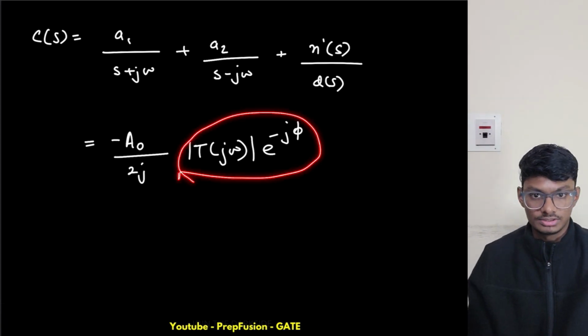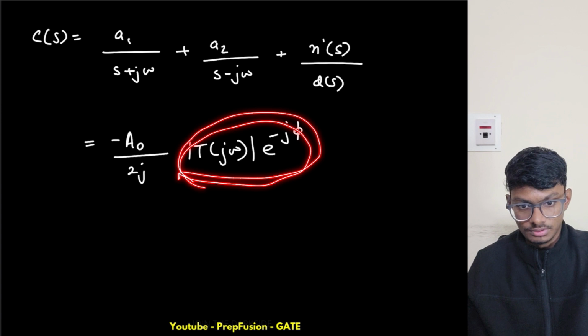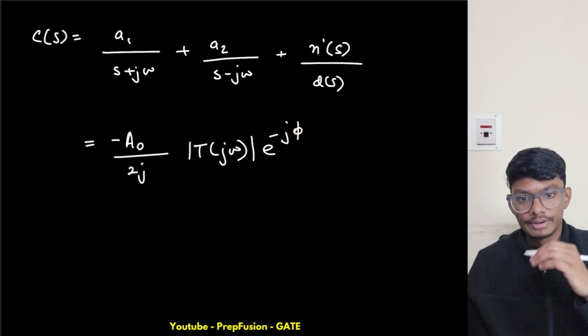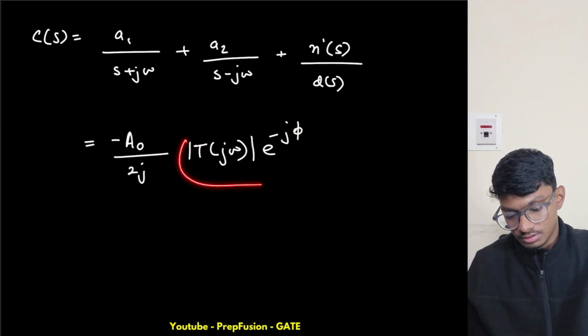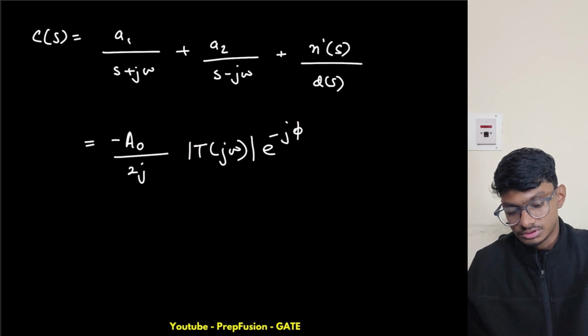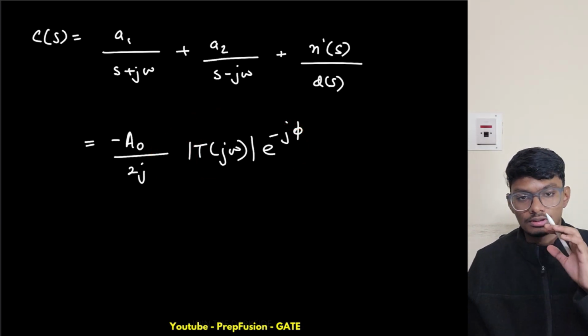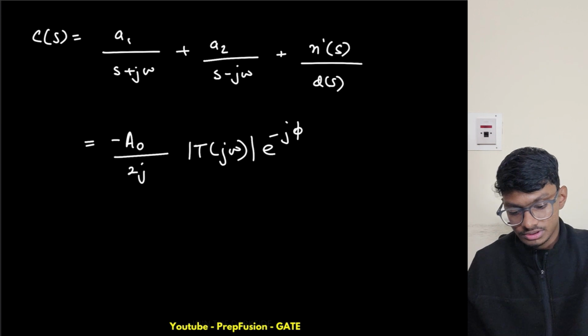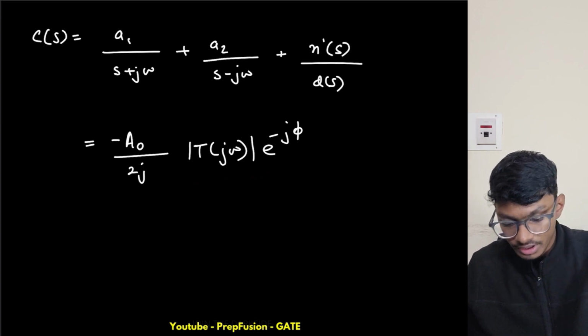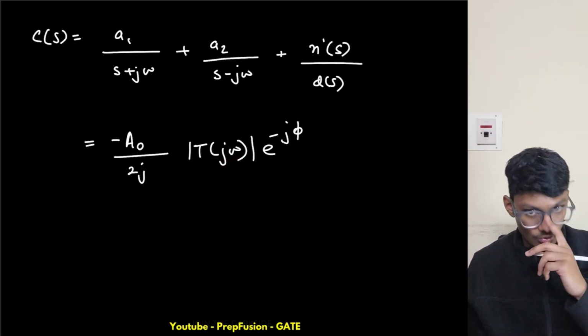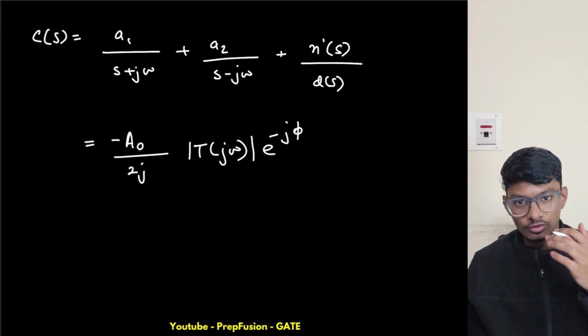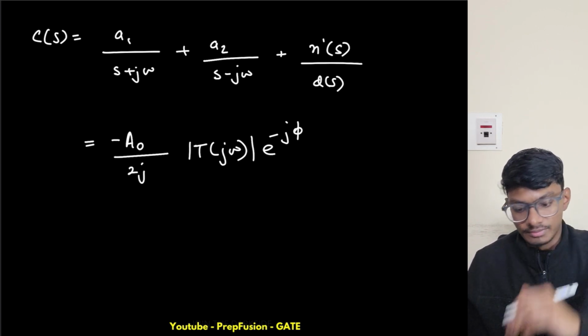It does not depend on s; this is not a function of s. This is some constant omega. Omega is the frequency here, so that's why I was writing omega, else it would be a bit difficult.